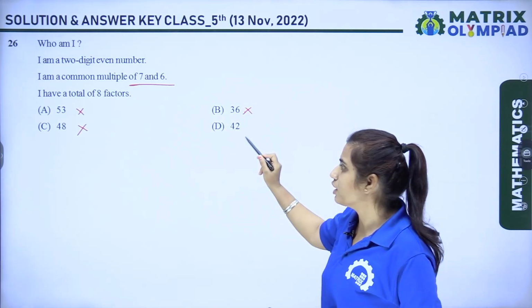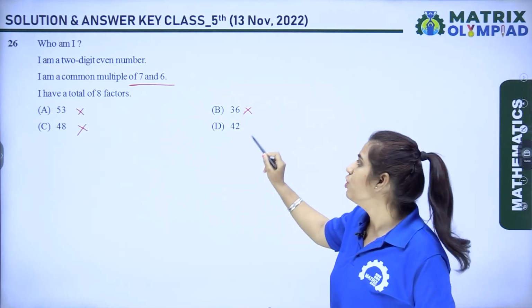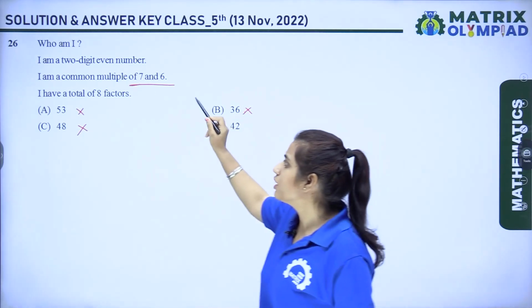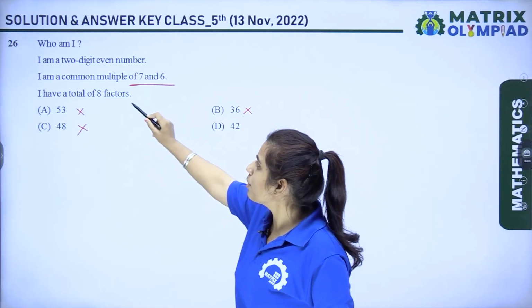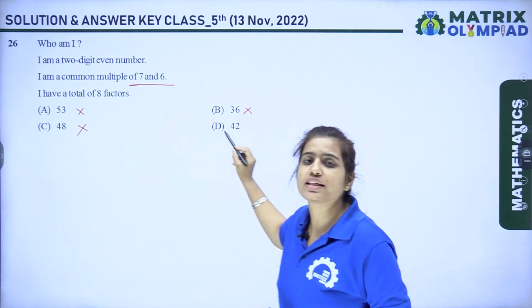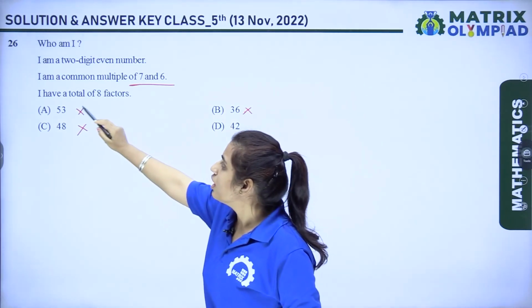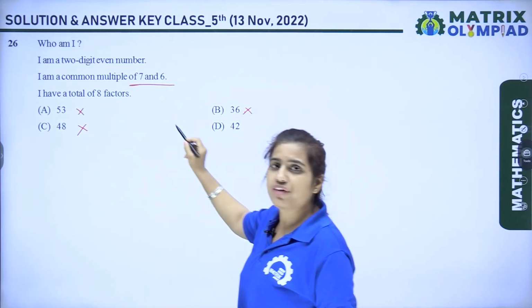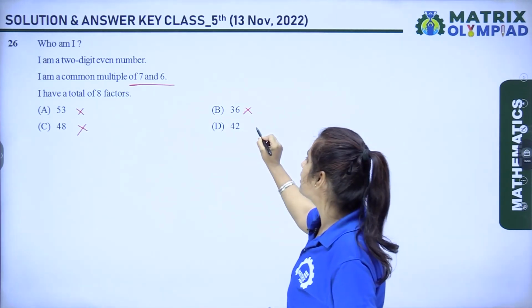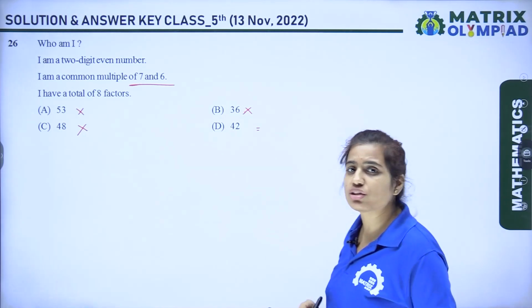Now let's check option D, that is 42. 42 is a two-digit even number, and let's check, it is a common multiple of 7 and 6. Yes, it is a common multiple of 7 and 6. And the third is I have a total of 8 factors. Let's check, is it having total number of 8 factors or not?